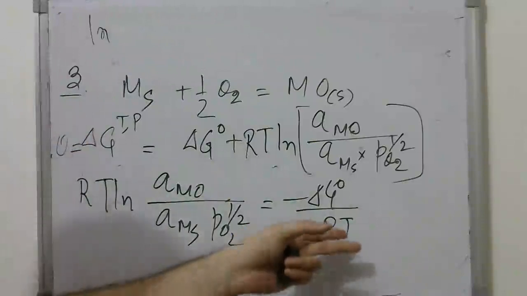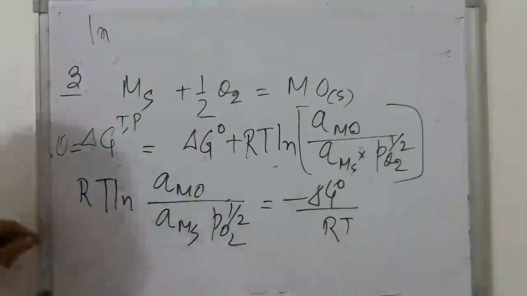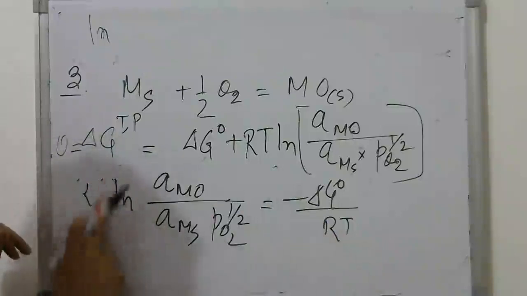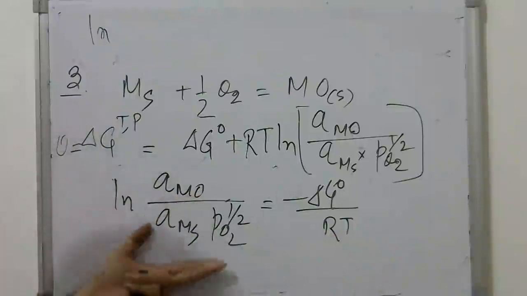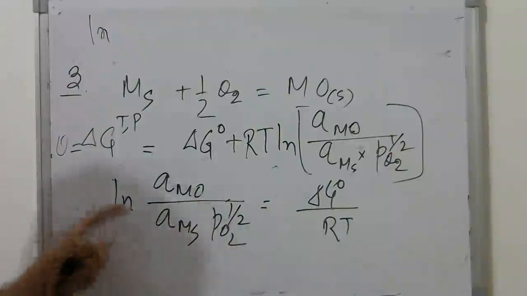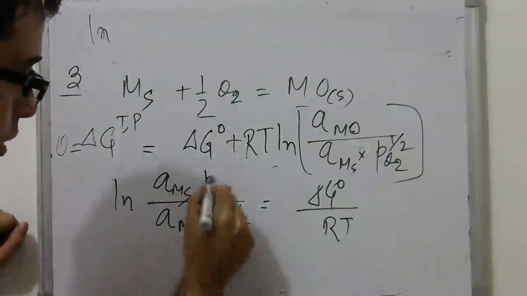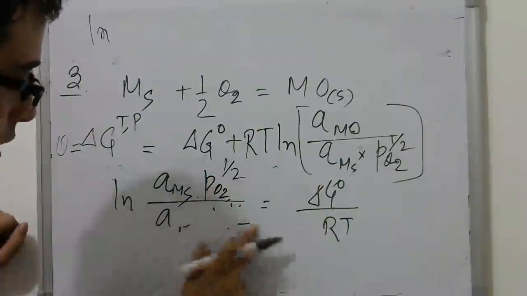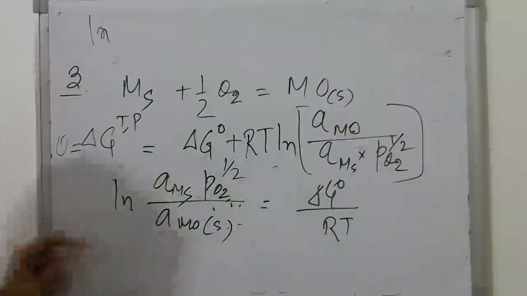You just check up with the units. T is the temperature in Kelvin. If I just take this minus 1 and reverse the denominator, no, sorry, the RT won't be here. So the minus 1 goes from here to here. So here it becomes M solid, PO2 goes to the top, and MO solid comes to the bottom.